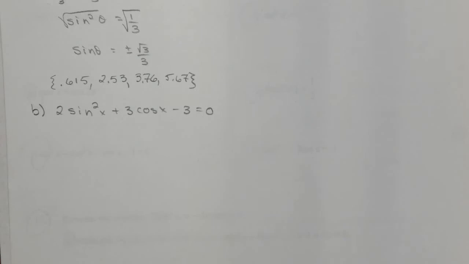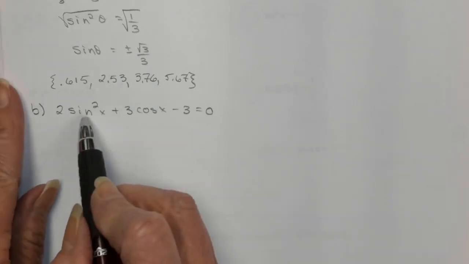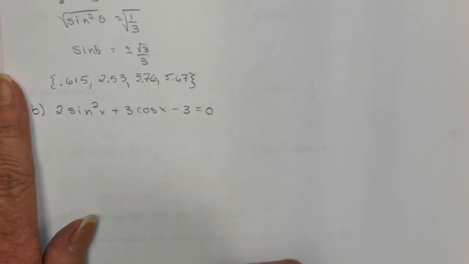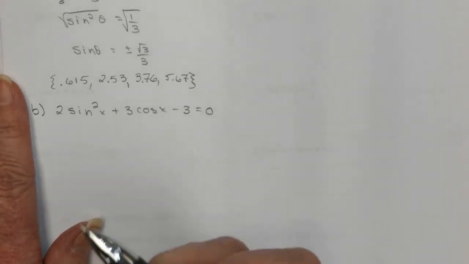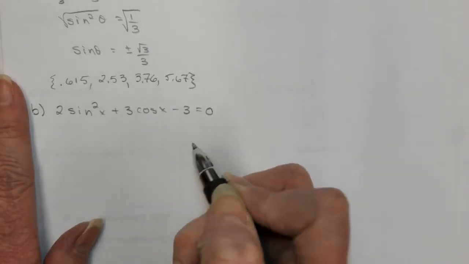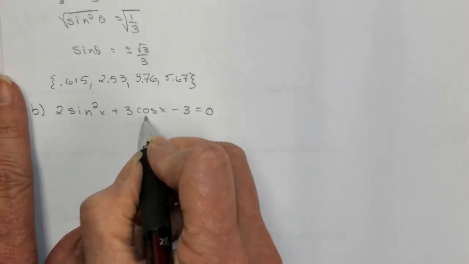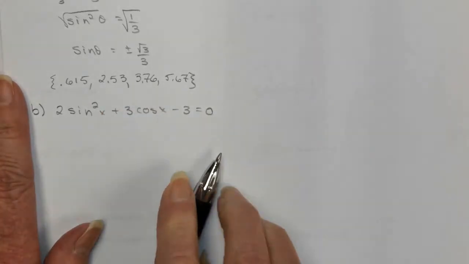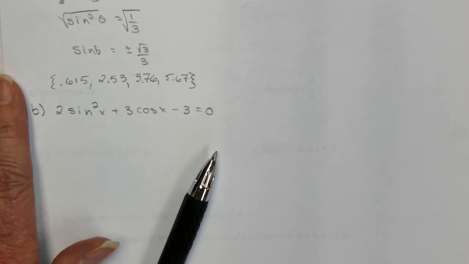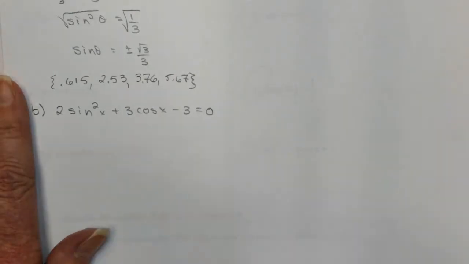Alright, so what I'm noticing here is I've got sine squared here and I've got cosine there. And that's not a good thing. I need them all to be cosines, or all sines. Now, since I can't change the cosine at all, what I can do is change that sine squared by using a Pythagorean substitution.